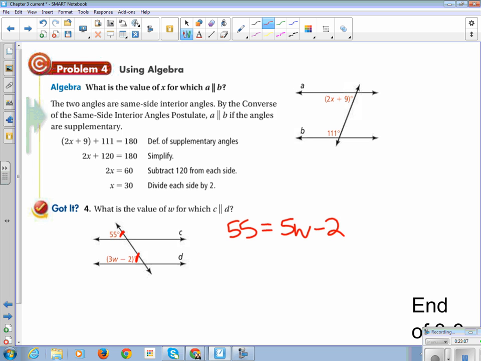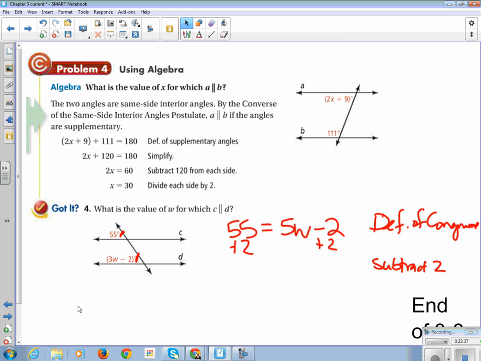That's definition of congruence. And we add 2 to both sides. The opposite of minus is adding.